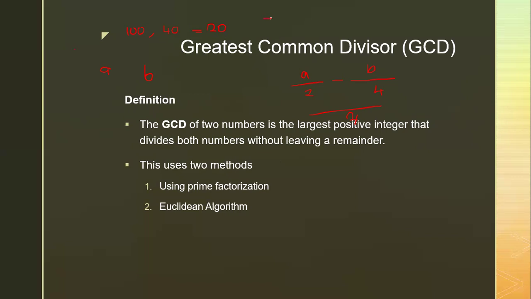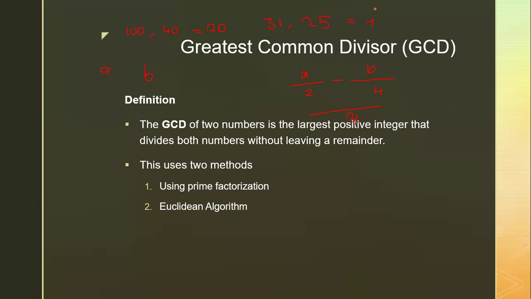So you can even have 51 and also 25, right? The greatest common divisor between these two is 1, because there is no number that can enter 51 and also enter 25 without leaving a remainder, apart from 1. So 1 in this case is our greatest common divisor.